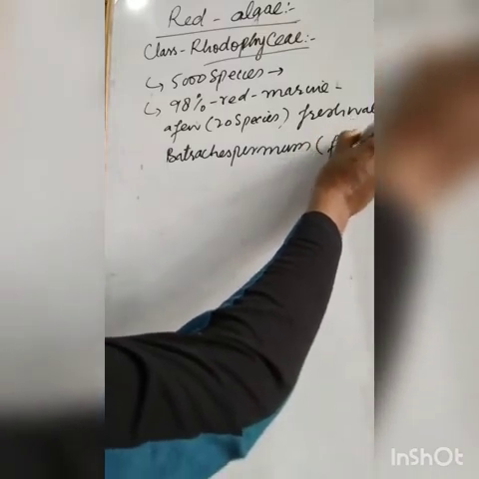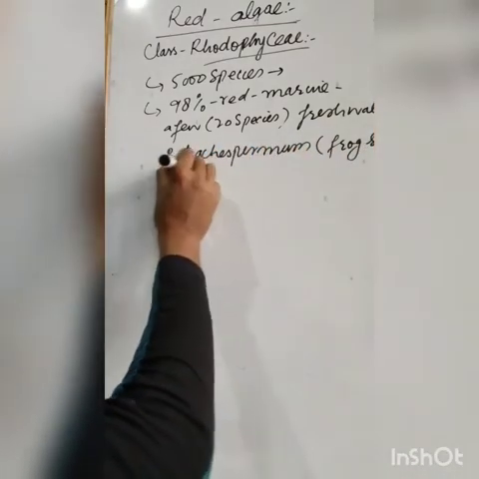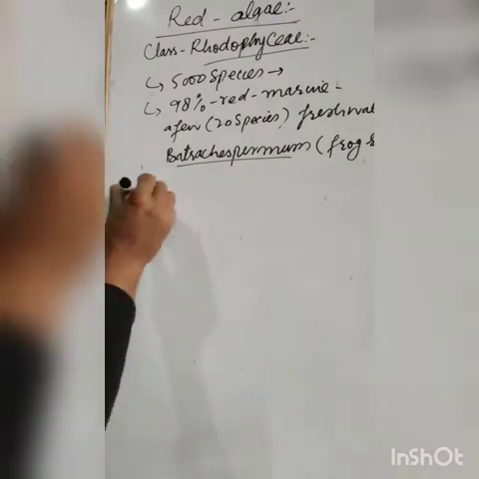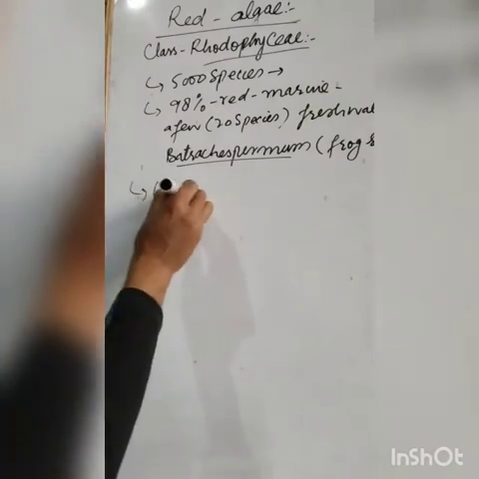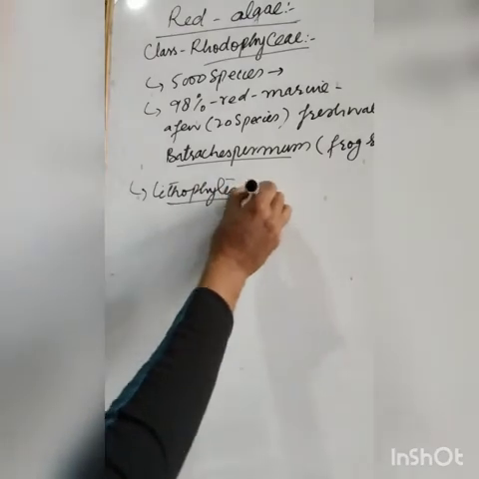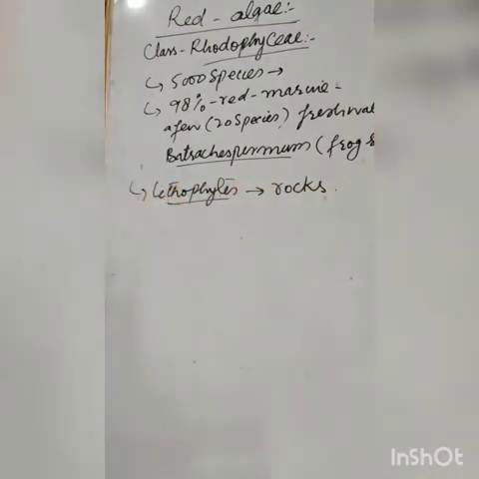It is commonly called frog spawn. It is found in fresh water, and mostly these are lithophytes, as they grow on the rocks, attached to rocks.